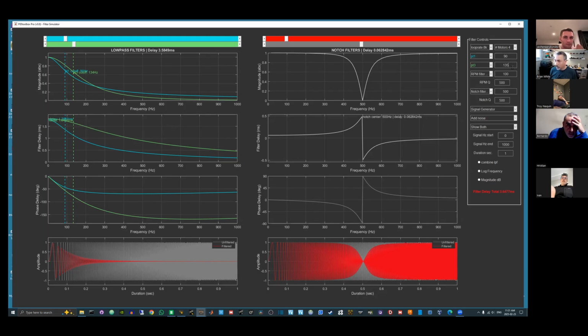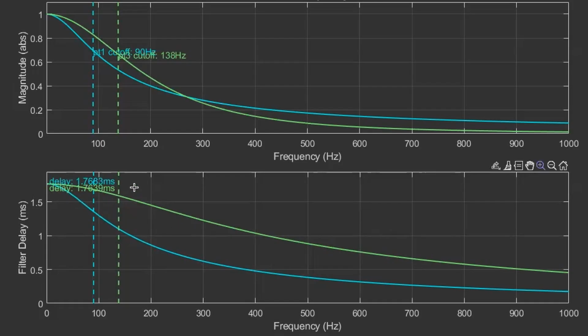Again, all of this is assuming that filter delay is constant, but it's not, of course. But the differences at the frequency range that we're interested in are fairly constant at that point. So this is approximately matching a PT1 and a PT3.